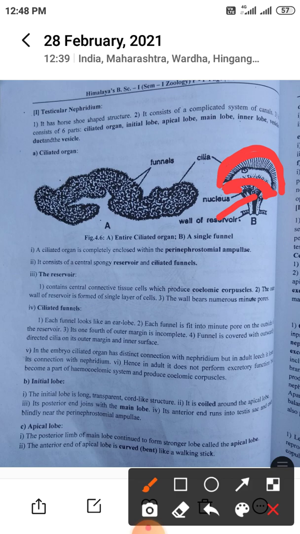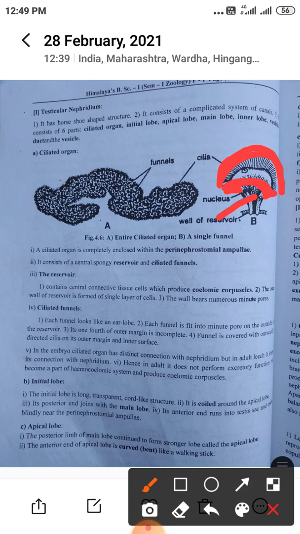In the embryo, the ciliated organ has a distinct connection with the nephridium, but in the adult leech it has less connection with the nephridium.